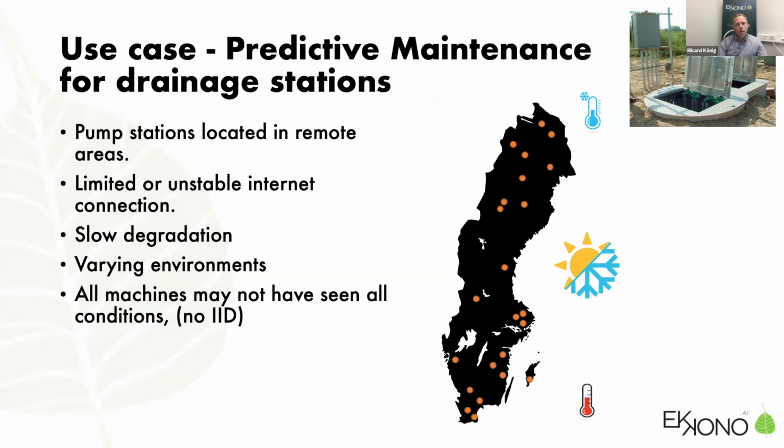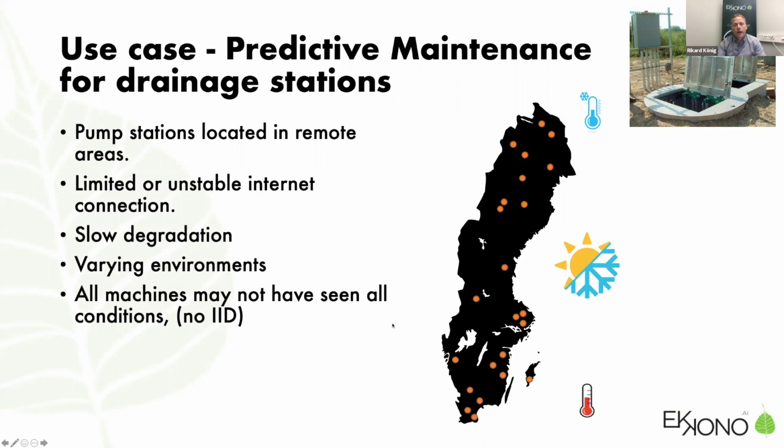And the environment is also very different in Sweden if you live in the south of Sweden and the north of Sweden, especially in terms of temperature. And then when you look at the machine data, you will see that they haven't seen all the conditions. So when you put a new machine in the south of Sweden, you will need to wait half a year, maybe until you see a winter again.